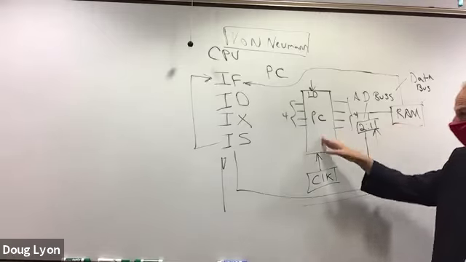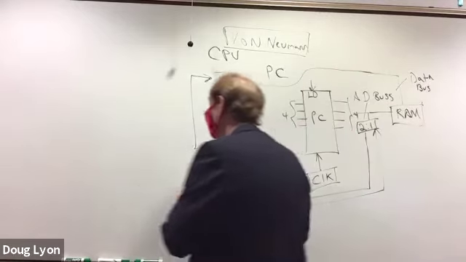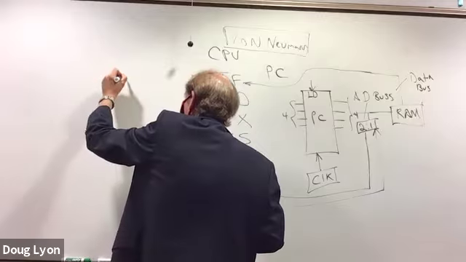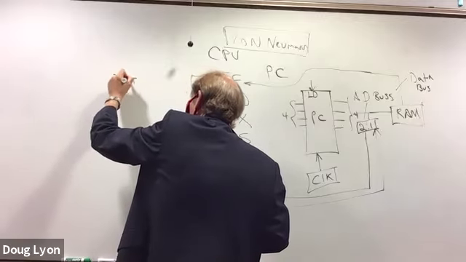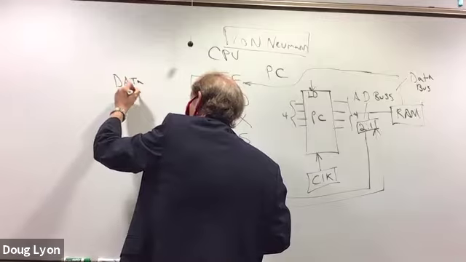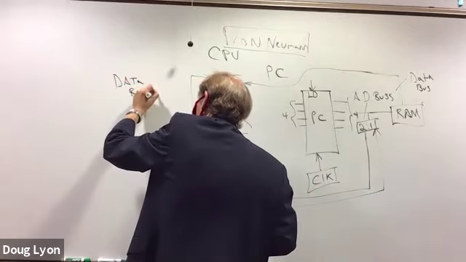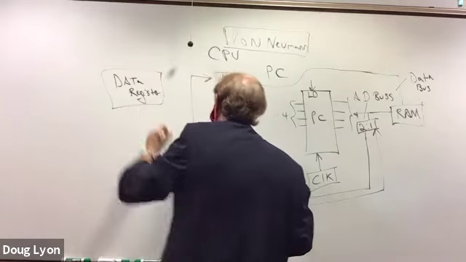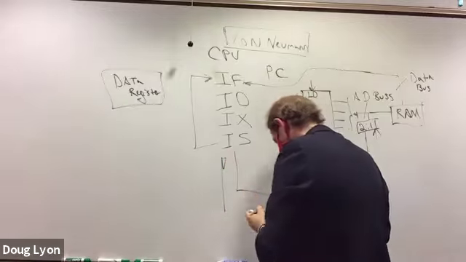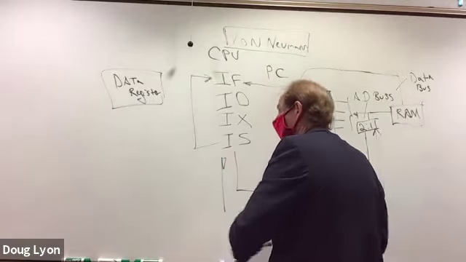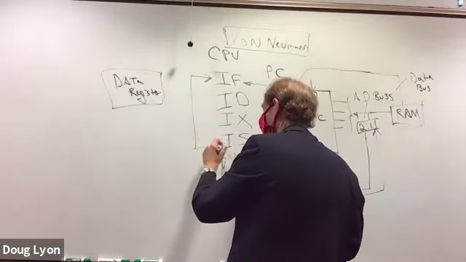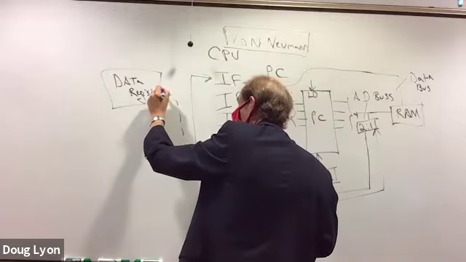Instead of having just a program counter, it has a data register. And that data register is used for storing, and I'll use a different color to show that this is a competing architecture, it's for storing the instruction.